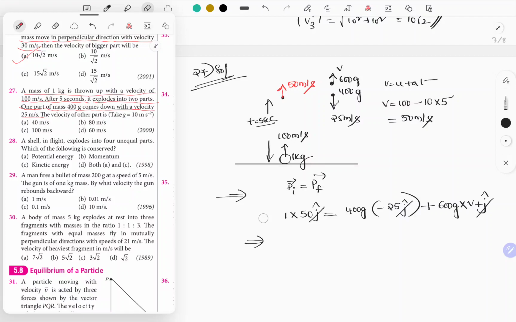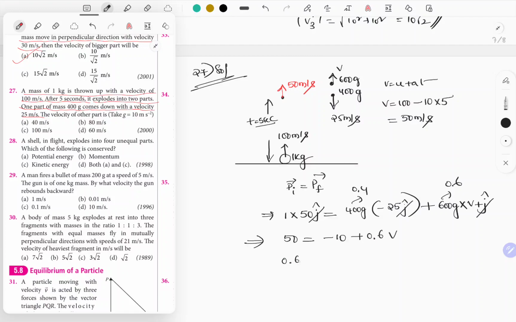Okay, now try to solve this question. You are going to get the answer from this calculation. 50 is equal to, this 400 grams can be written as 0.4 kg and this is 0.6 kg. 0.4 into 25 is going to be 10, minus 10 plus 0.6 into v.